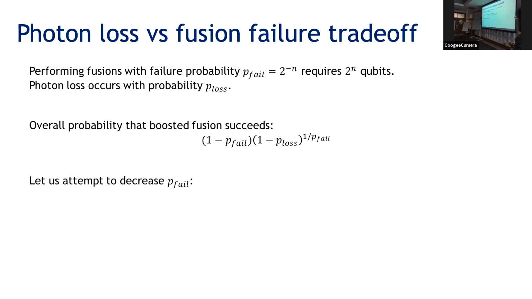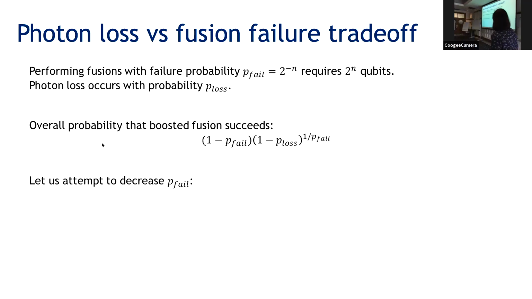Okay, so now before showing you the numerical results, let me recap the error model that we are going to simulate to get these numerical results. We are going to consider that I'm using n extra photons in my fusion network to get a failure probability of 2 to the minus n. Of course, there's going to be photon loss at a rate p loss per photon. So every photon can be lost with probability p loss.